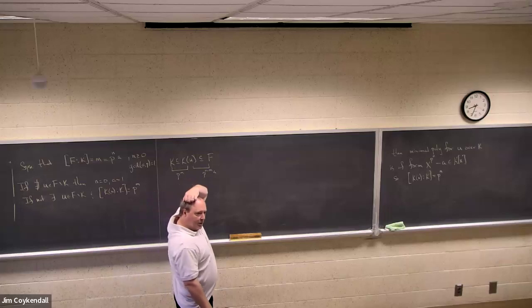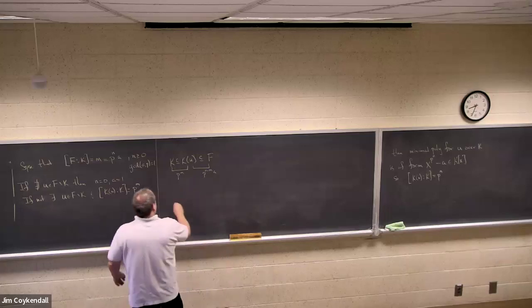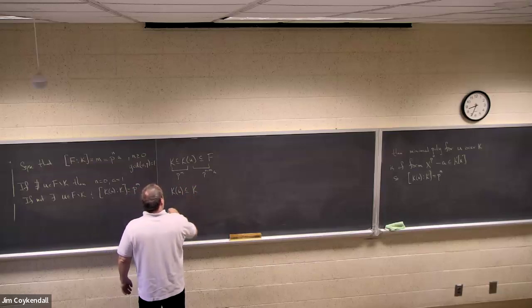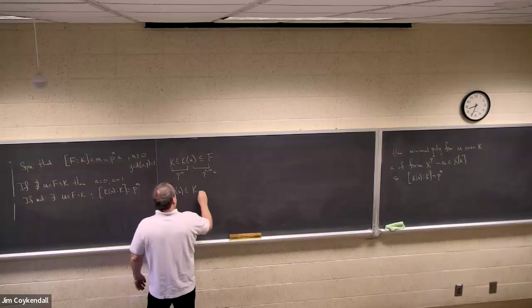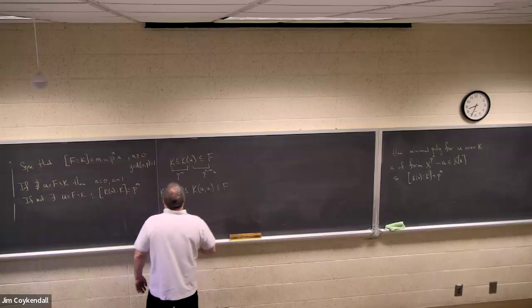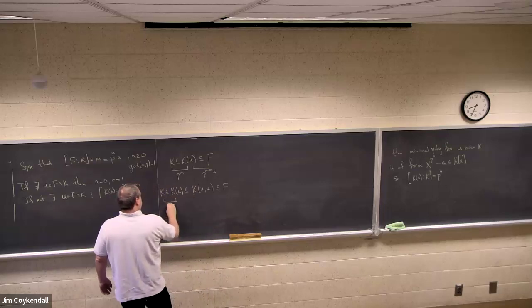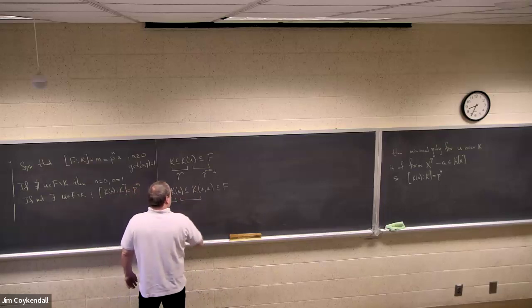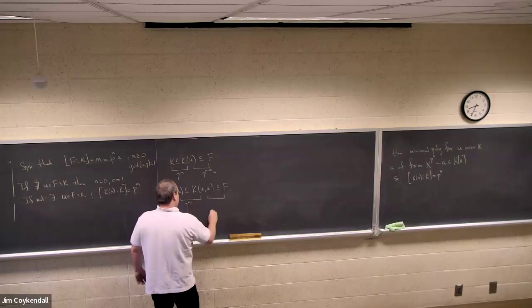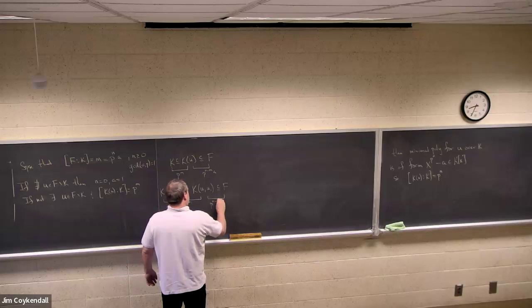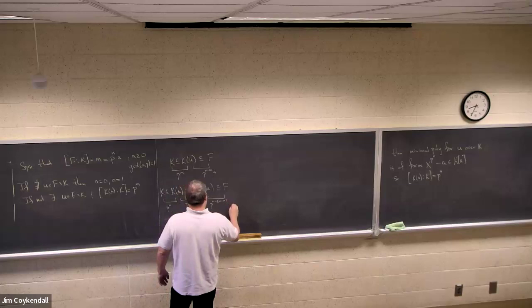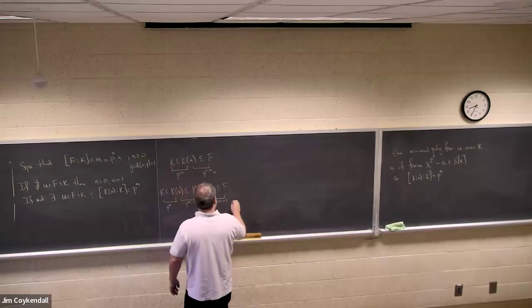Now, we just keep doing this, right? This degree must be p to the m1. And what's left over here must be p to the n minus m plus m1.